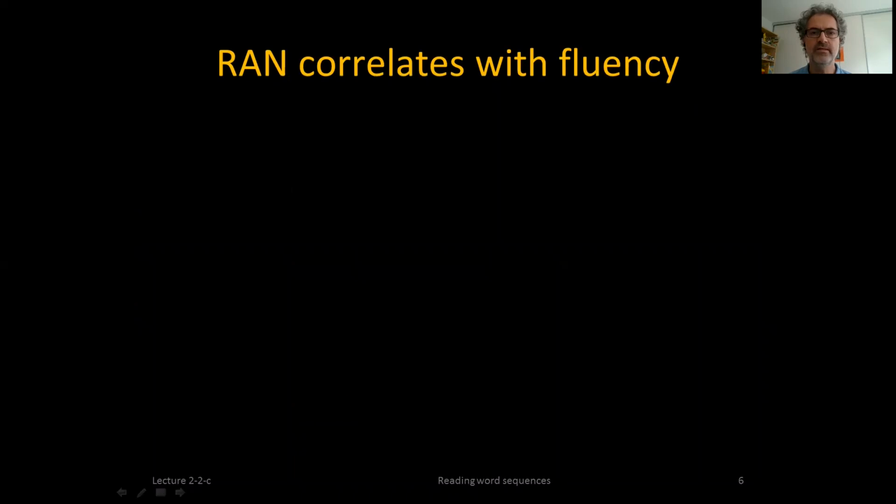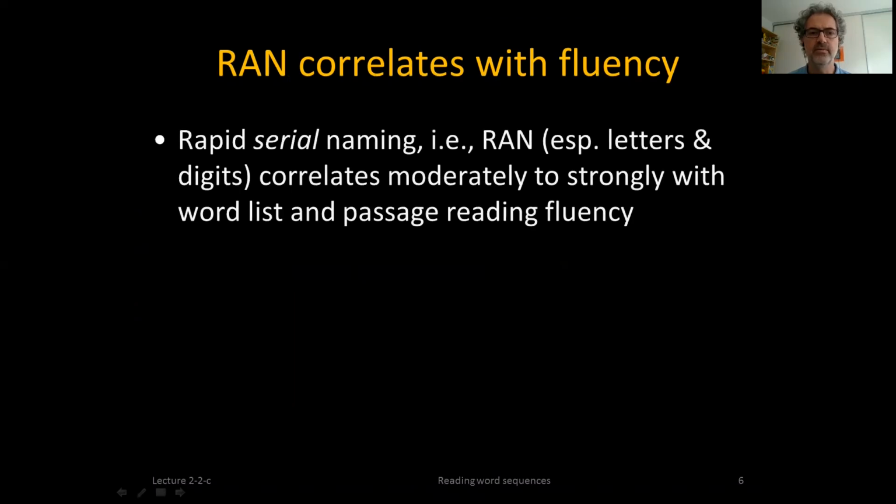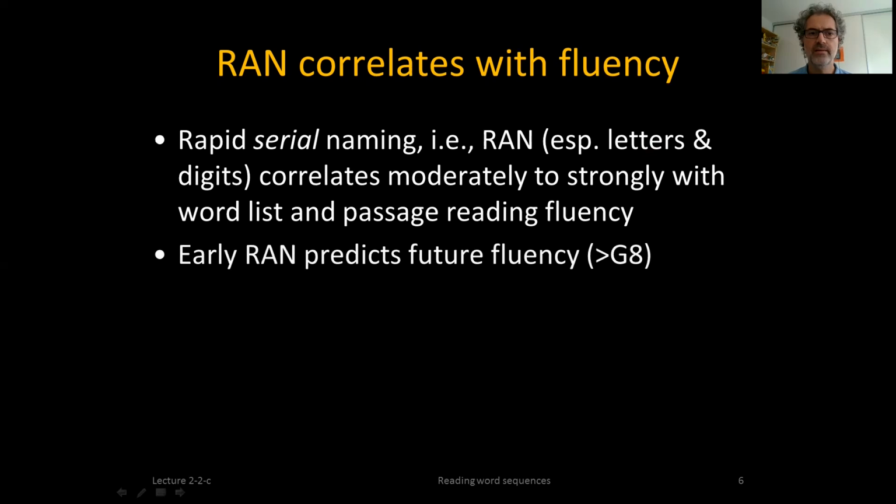One relevant observation here is that serial rapid naming tasks correlate with reading fluency. So RAN, as serial naming is called, especially of letters and digits, is known to correlate with word list fluency and passage fluency moderately to strongly, both when the two are measured at the same time and when RAN is measured very early, for example, in kindergarten or first grade, and fluency is measured several years later.